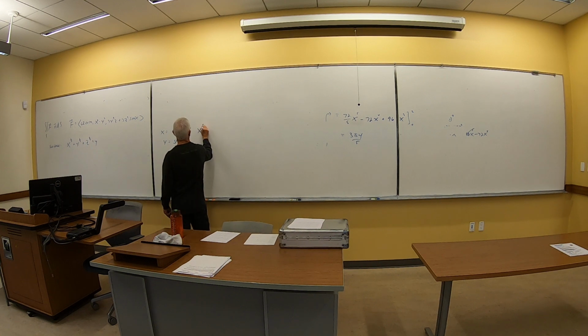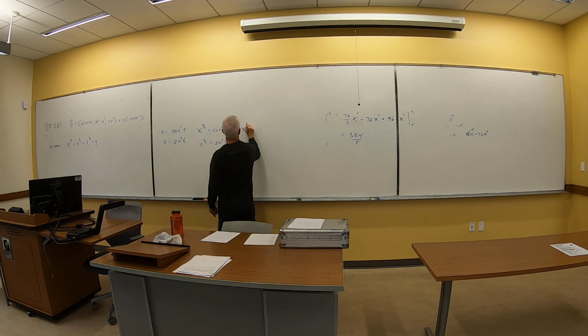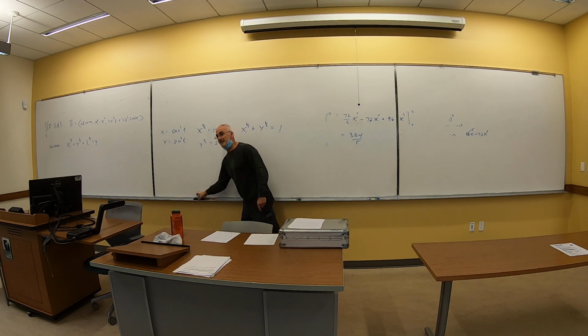So then x to the 2/3 equals cosine squared t, and then y to the 2/3 equals sine squared t. So x to the 2/3 plus y to the 2/3 ends up equaling 1.